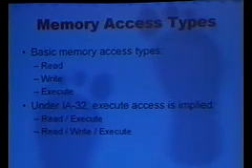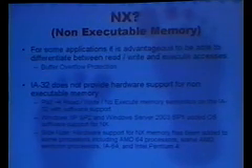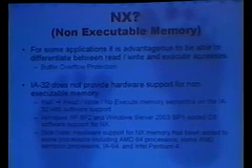Execute is basically implied. That means that all memory is intrinsically executable. In some cases, it may be advantageous to actually be able to differentiate between, say, execute and read write. One such application would be non-executable memory used in buffer overflow protection.